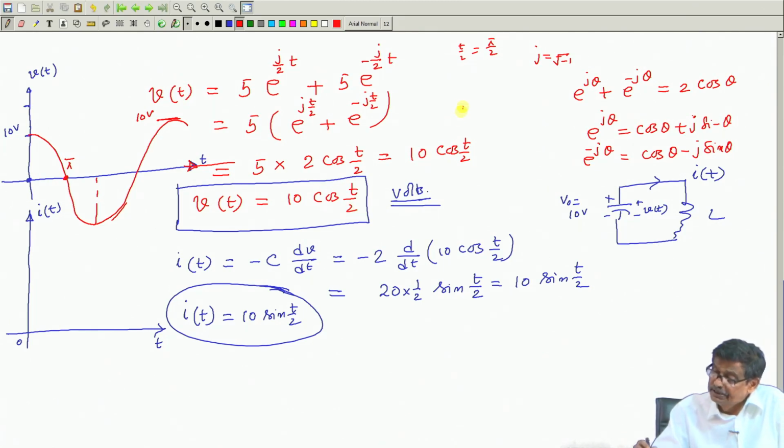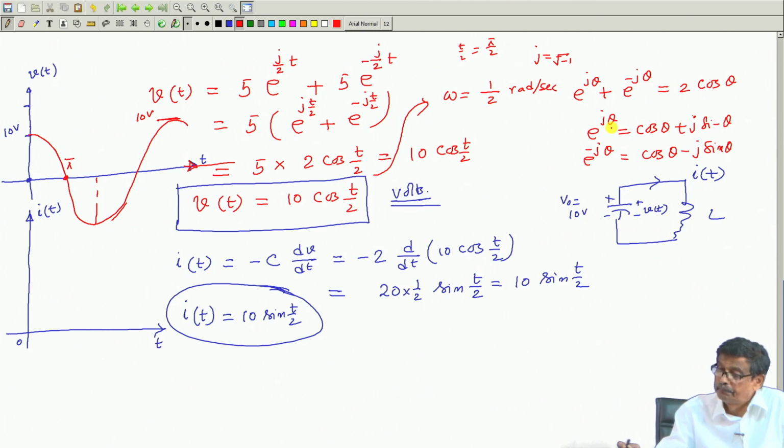What will be the frequency of oscillation? This omega, in omega t, omega is half, so much radian per second. It is not sin omega t, omega is half. What will be the time period?